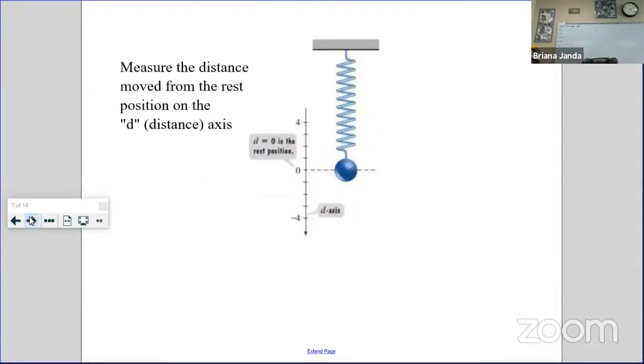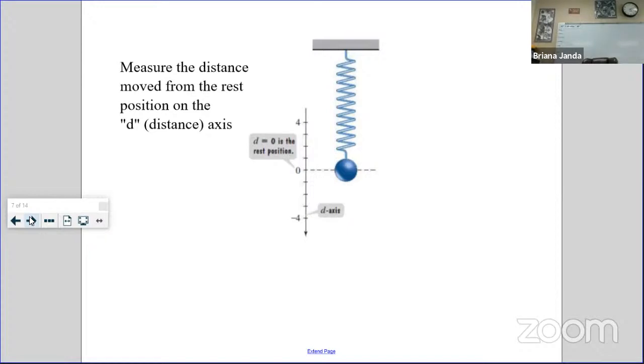One of the things specific to our book is they talk about the distance from rest. What you can see here is we've got an axis that we would normally call our y-axis, which is their distance axis, where 0 would be its resting position. So I have not pulled it or released it, and that's where it would be at rest.